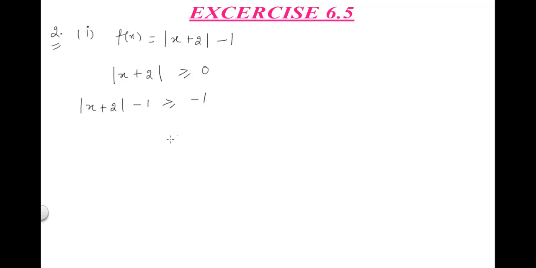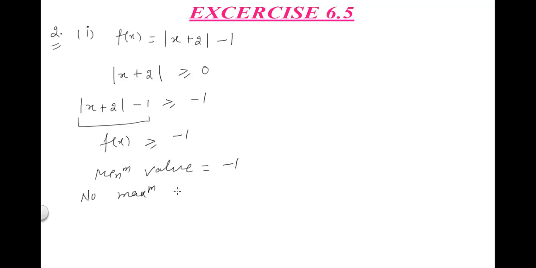So you see here this complete function, which is f of x, is greater than or equal to minus 1. So the minimum value of the function is minus 1 and other values are greater than minus 1. So we will write the minimum value is minus 1, and for maximum we will write no maximum value, because we don't know up to which value it will go. So no maximum value. Clear? Let us discuss another question.